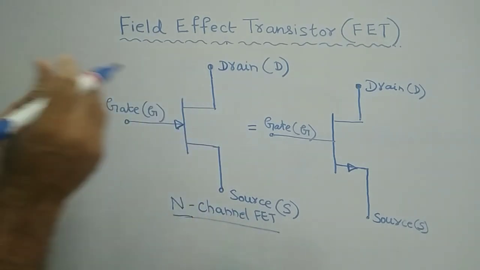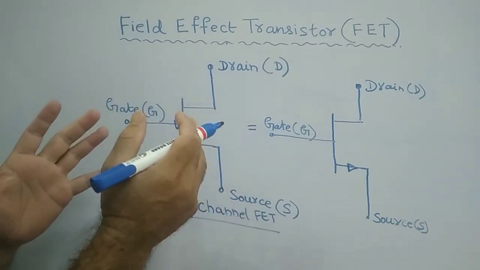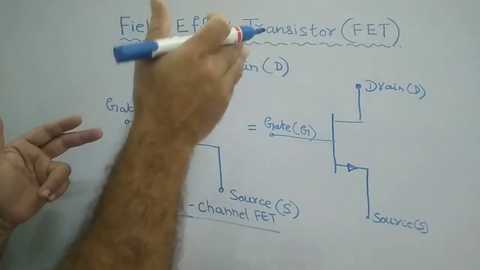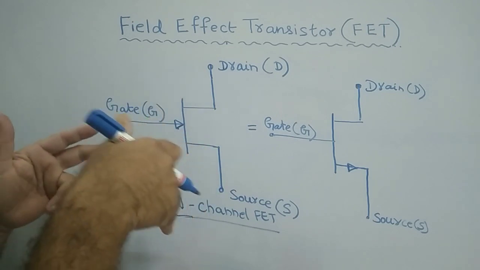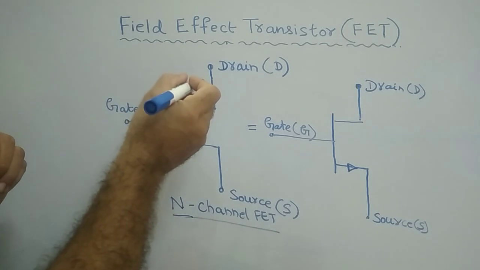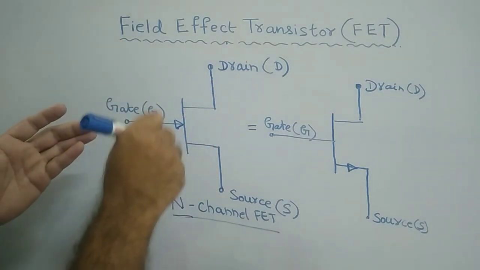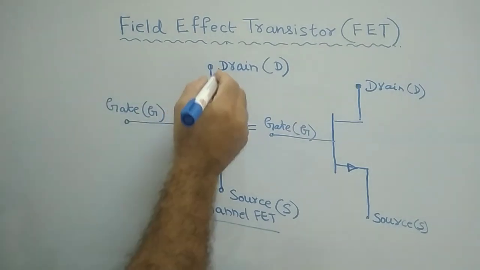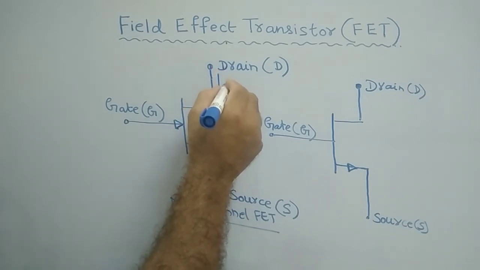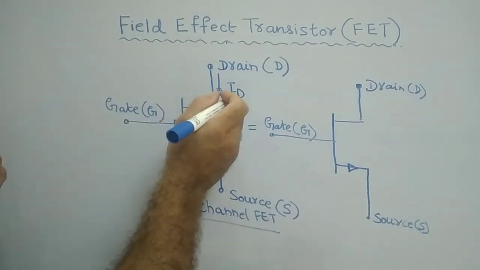As in the BJT we have three terminals, collector, base and emitter, in the same way here also we have three terminals as shown. Since it has three terminals, the respective currents flow through these terminals. At the drain terminal there is a current called the drain current, denoted I suffix D.